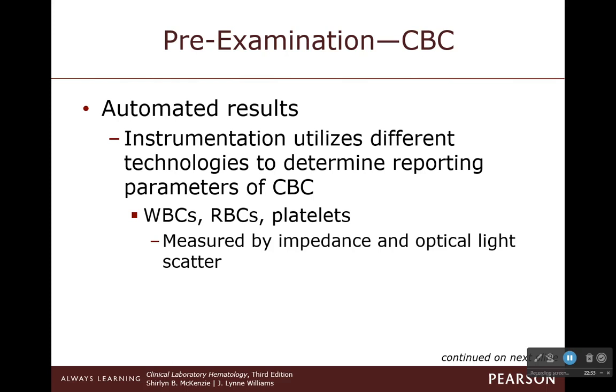It's picking up the size of the nucleus based off of the cytoplasm for lymphocytes and monocytes, and then the granules for eos, basos, and neutrophils, okay? Based off of how they scatter light, all right? And of course, their size plays a big role too, okay?